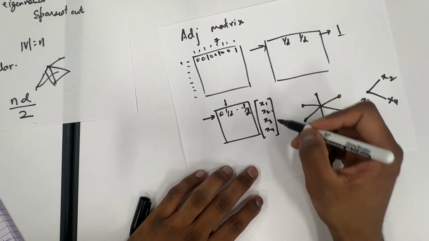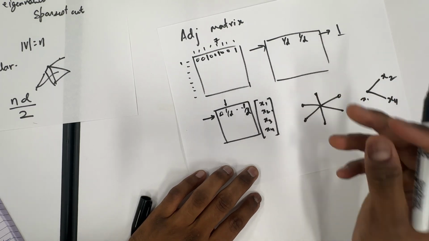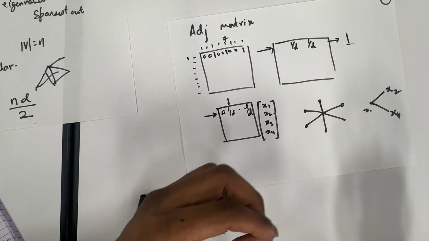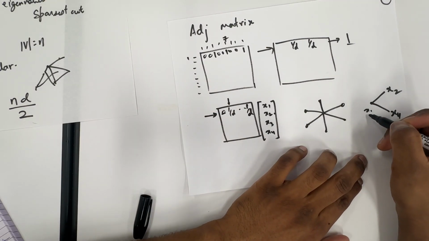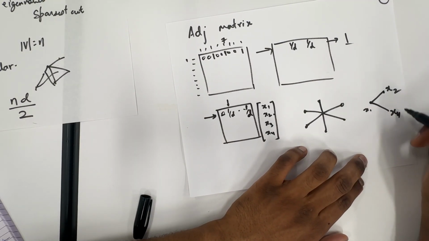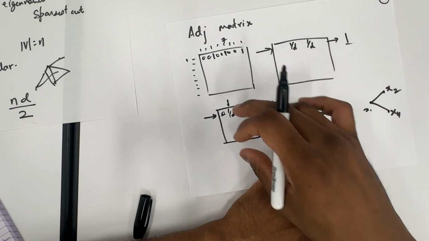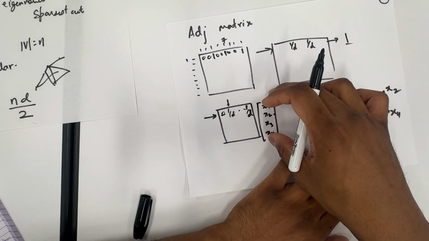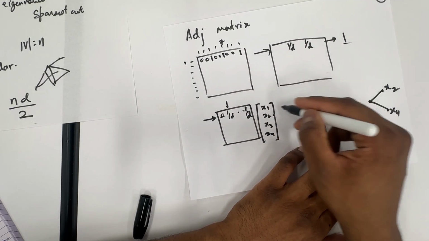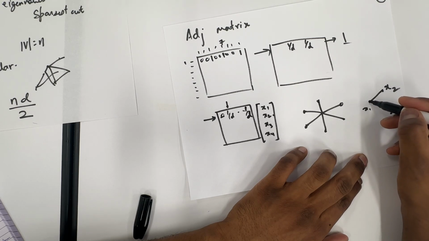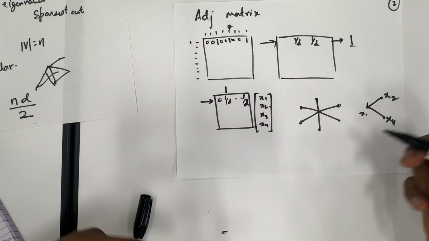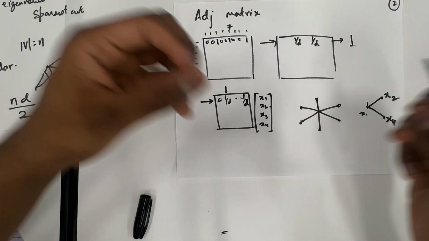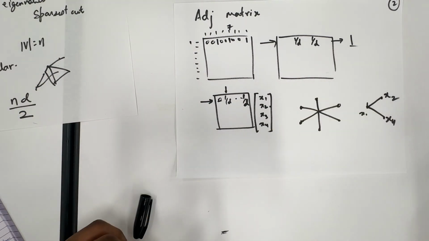Let's say this vector corresponds to a value that I force on this particular graph. Let's say this node has a value x1, this node has a value x2, this node has a value x4. Now if I multiply with the adjacency matrix, I'm going to assign this node the average of all of its neighbors, and so forth. For every node on this graph, this is the operation that happens.